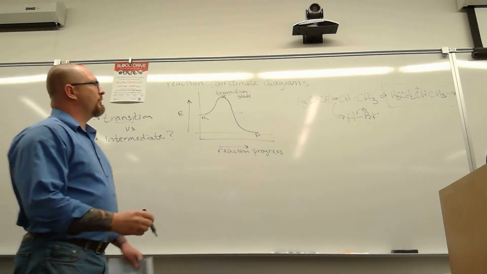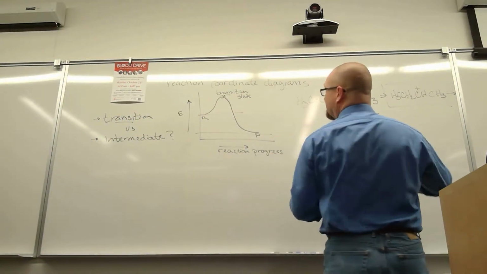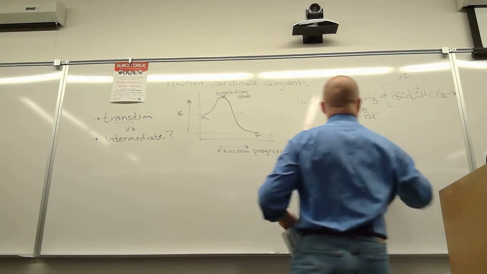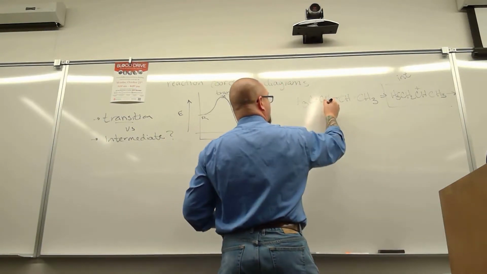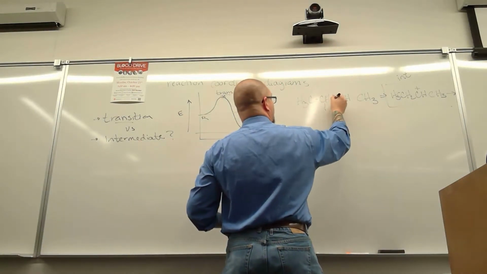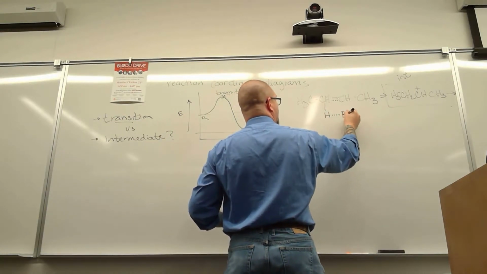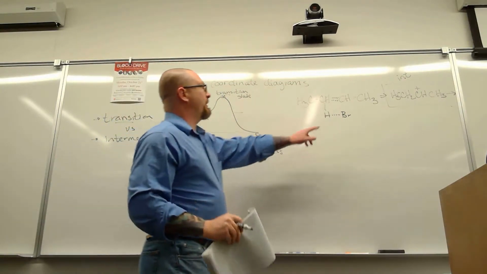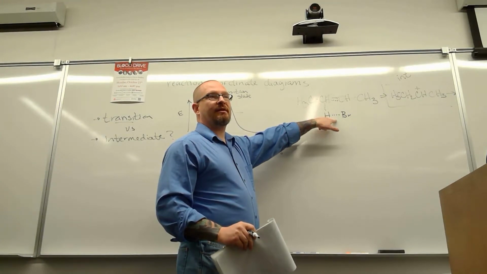So, on its way to having this intermediate, we have this transition state where we have a bond breaking, a bond forming, and a bond breaking simultaneously.